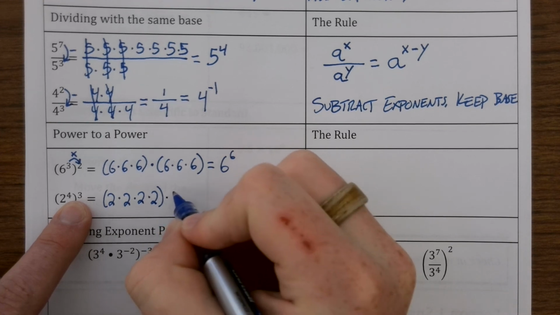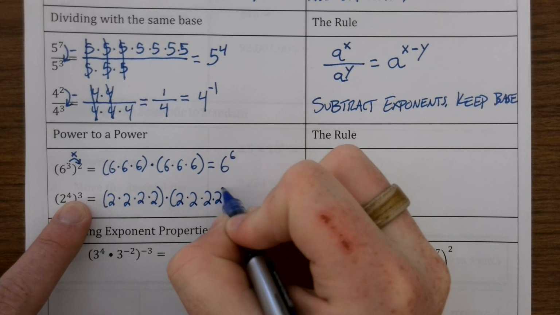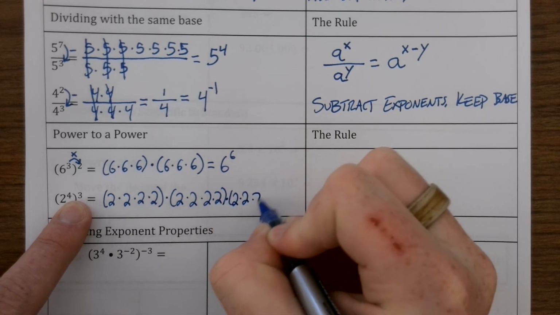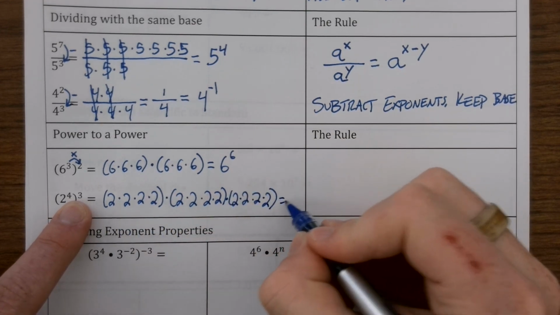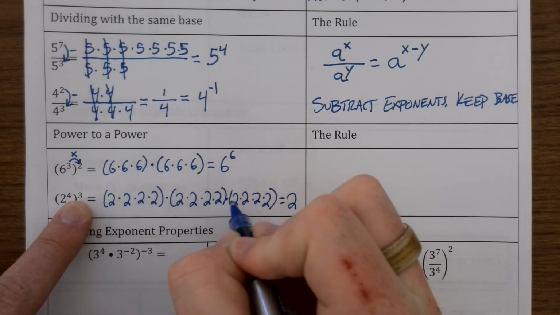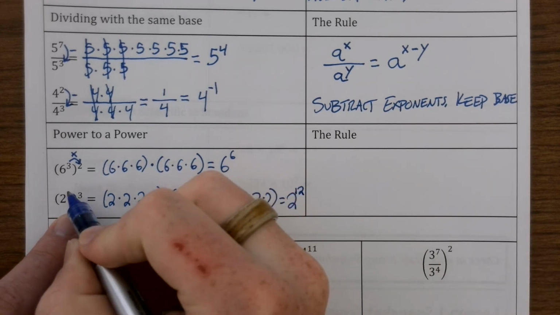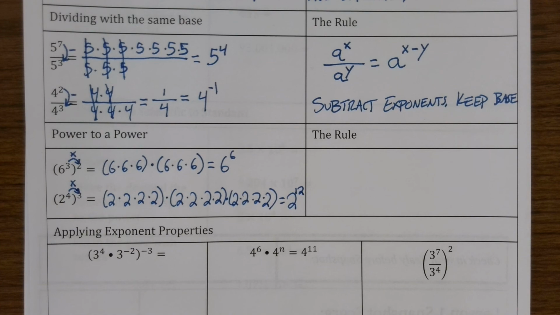So there's 1, 2, 3. Now if I count up all my 2s, I have 1, 2, 3, 4, 5, 6, 7, 8, 9, 10, 11, 12. We could also get that by multiplying 4 times 3.